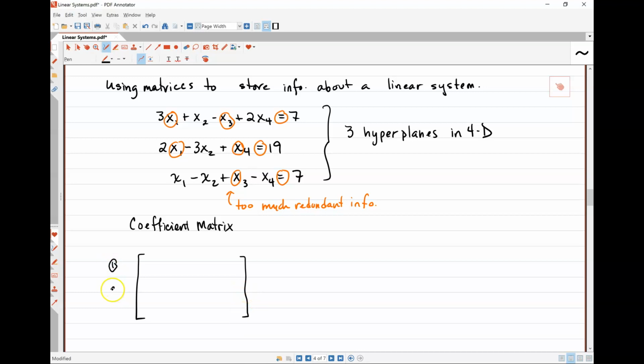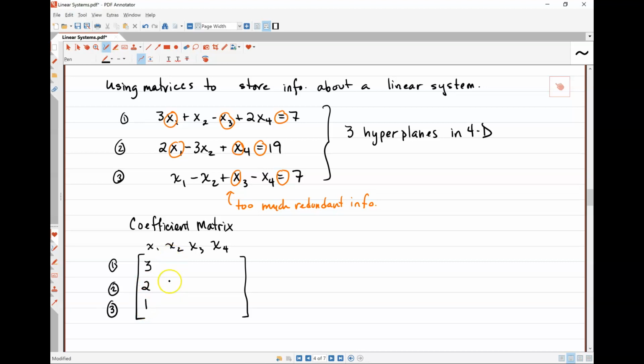So we have 3 equations, and each one of them involves these 4 variables. What we're going to store in each one of the columns of this matrix are the coefficients in the respective equations for the x1 variable. In the first equation, the coefficient for x1 is 3. In the second one, it's 2, and in the last one, it's 1.